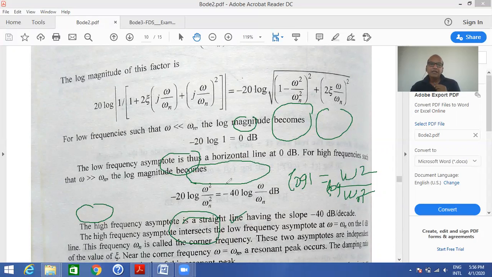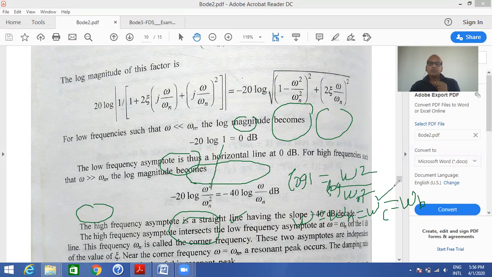By comparing these two equations, 1 equals omega upon omega n square, which means omega equals omega n, and this omega n is known as the corner frequency. That is, omega n equals omega c equals omega p. This is your corner frequency.